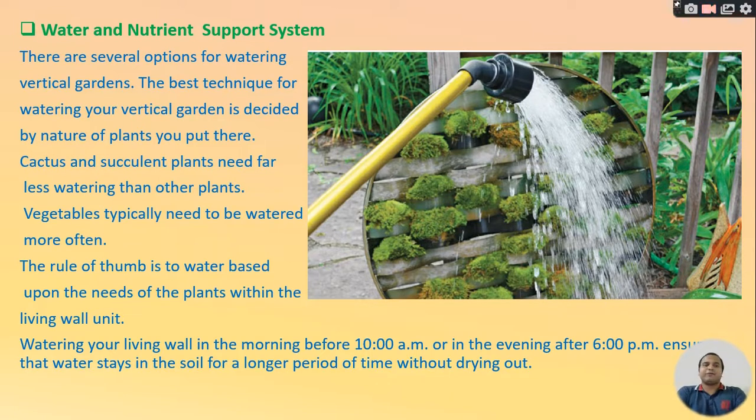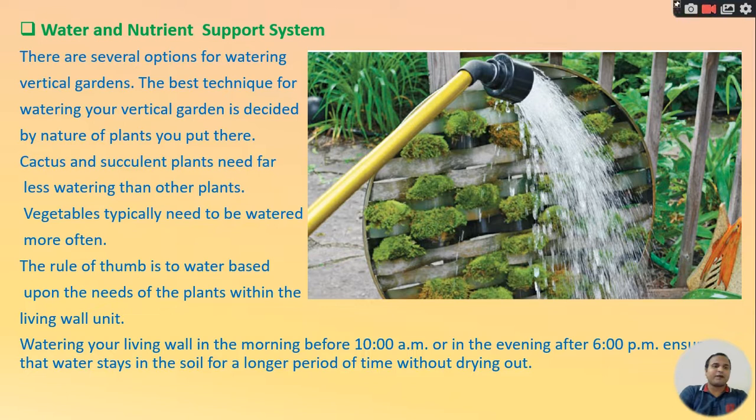There are several options for watering vertical gardens, like drip mechanism or spray mechanism. Usually in vertical gardens there can be a proper pipeline for watering, but it is not suggested. Hence in most cases people try to water them with the spray or the drip mechanism.